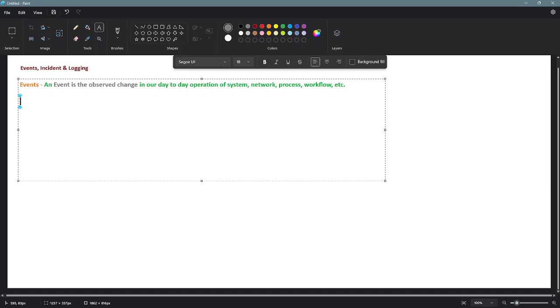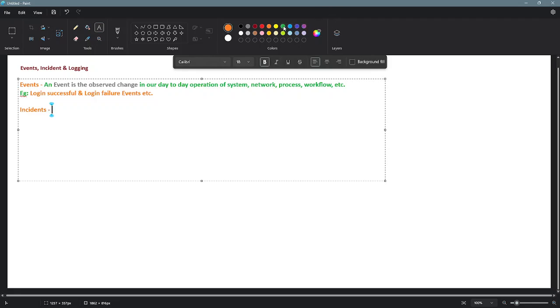Examples can be login successful and login failure events, and there are many things like this. These things are called events.